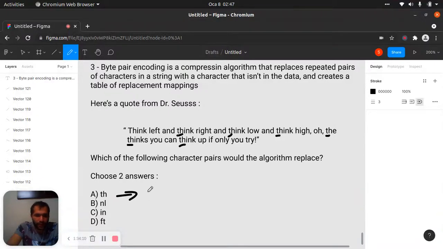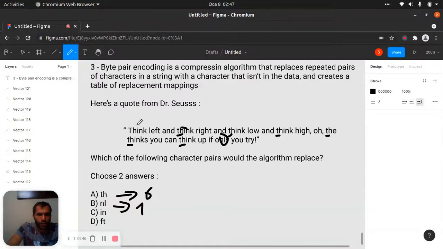So we can implement Huffman coding here with the same bits. Anyway, then we have "nl". Look at the "nl" here. It is just right here, recurring only one time. And if you check "in", how many do we have?